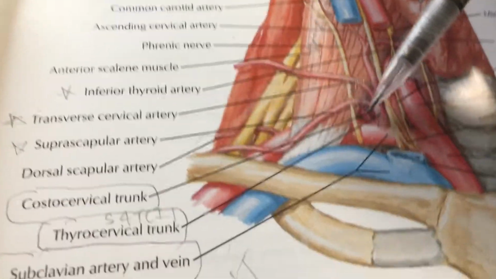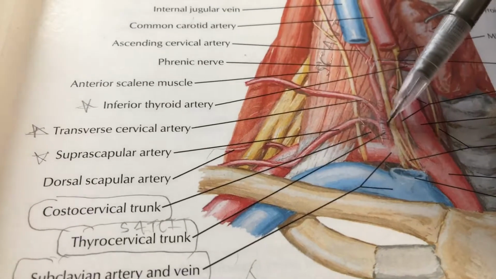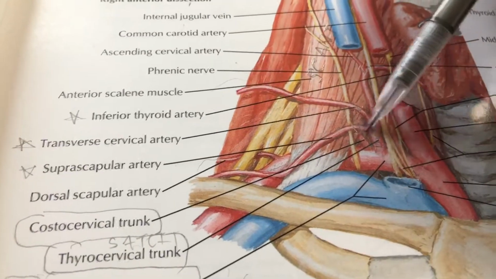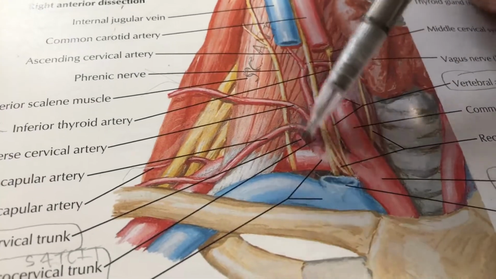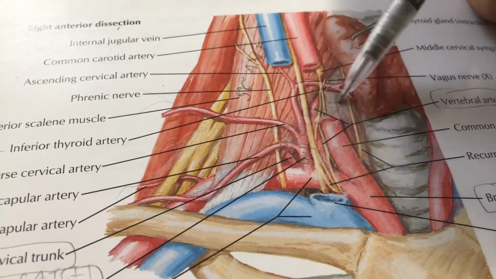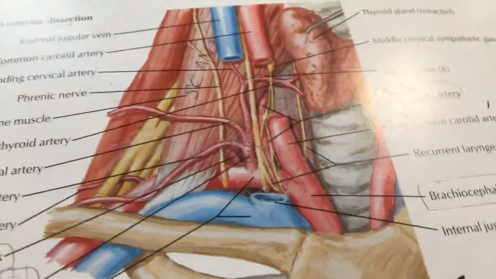That's SA, then you've got TC. This is the transverse cervical artery, which goes up this way and across our muscles. And then here, going back this way, is the inferior thyroid artery, and this actually supplies the thyroid gland.